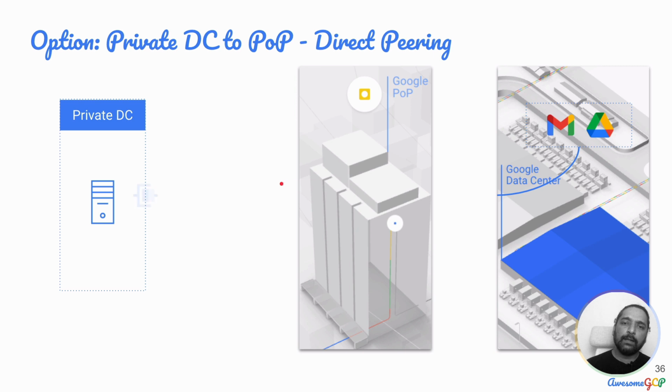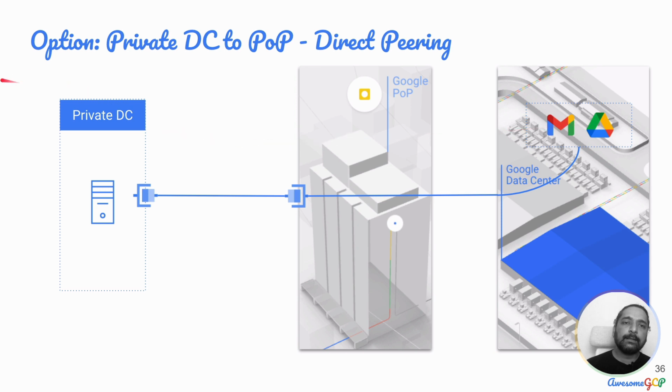So in this case, you are going to draw a line between the private data center and the Google point of presence. So it's not directly to the colocation facility. Instead, it goes to the Google point of presence, and from there, of course, it is going to redirect you to the Gmail service or the Google Drive service.